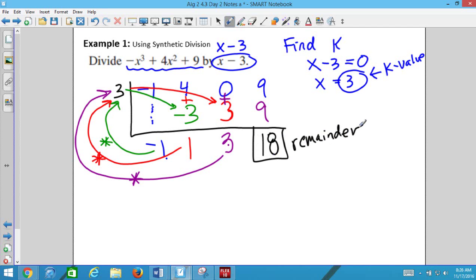Okay, so to write the final answer, these are the coefficients of the x powers. The -1, the 1, and the 3, those are the coefficients. And then the last number, the 18, is going to be the remainder.